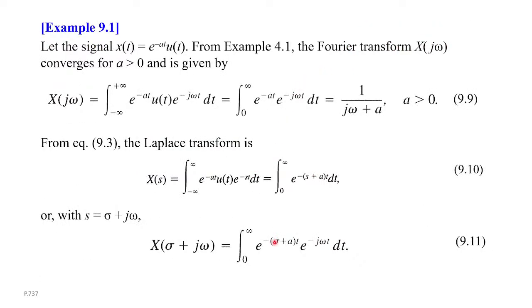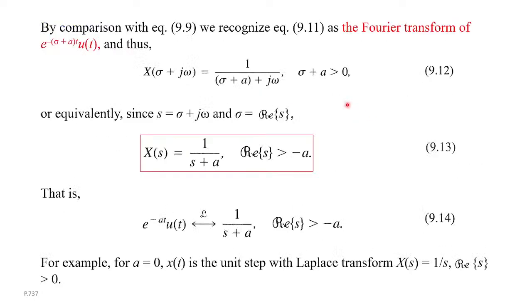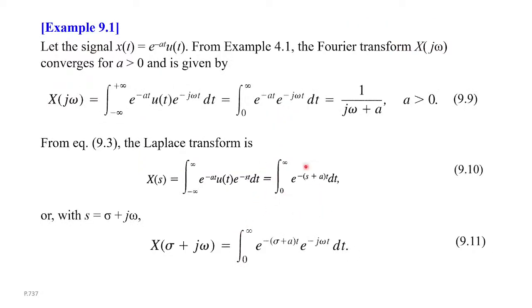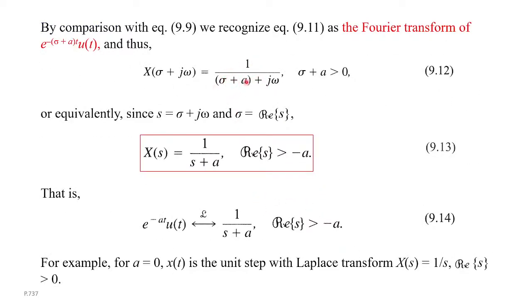And anyway, we replace a with sigma plus a here, and we want this thing to converge. Then we need that sigma plus a is bigger than 0. And you can move things around a little, and you combine the sigma and the j omega back into s.